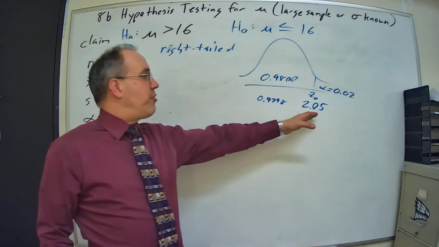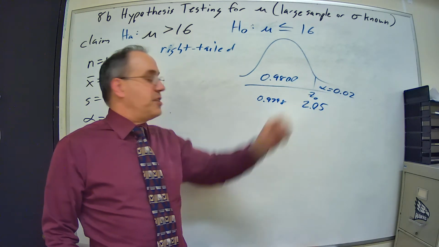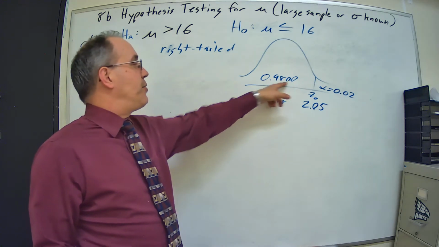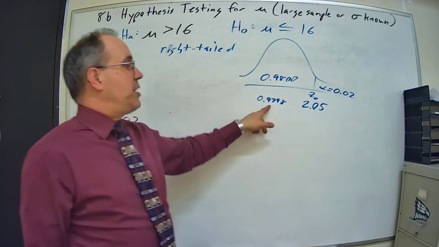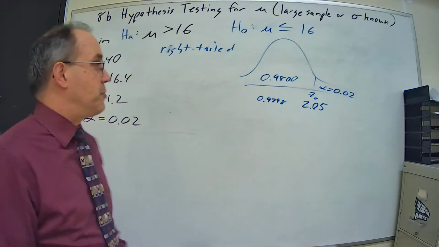So 2.05 will be our critical value, z sub 0. We looked up, we found the closest thing we could in the body of the table and looked at what z-score that gave us. That's our critical value, z sub 0.